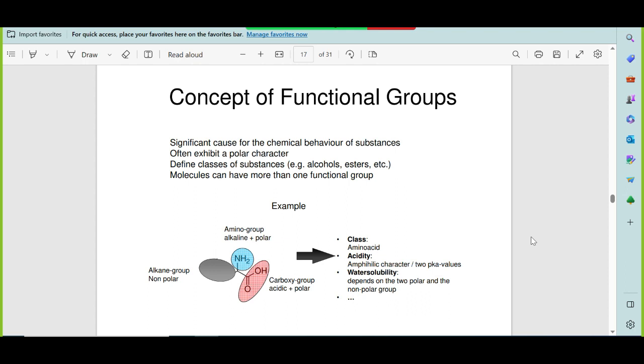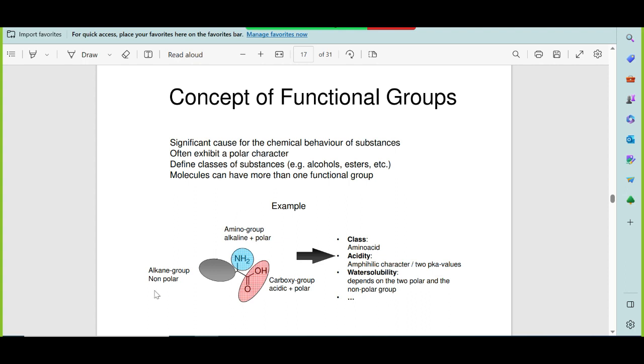So they can form hydrogen bridges with water, which is also made of polar H and O bonds, and that's why they are soluble in water. And the same for the amino group, the NH2, because nitrogen is also an electronegative element. Like oxygen, the bond between N and H is also polar, so it is soluble in water.